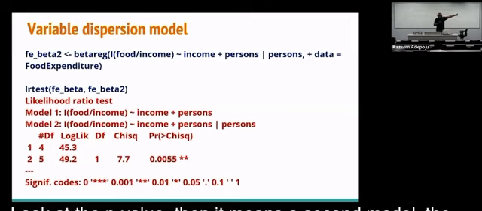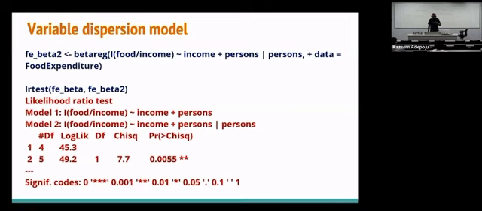It means the second model, model two, where you incorporate person as a variable to adjust for the heteroscedasticity. As you can see now, the p-value is 0.0055, and that is less than 0.05. So this is fantastic.